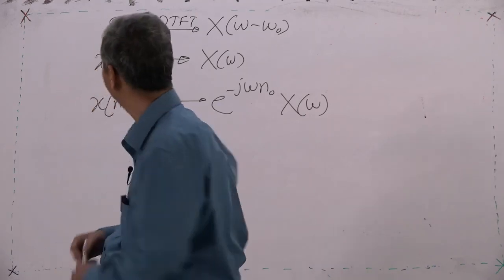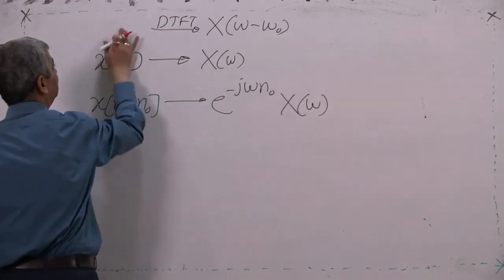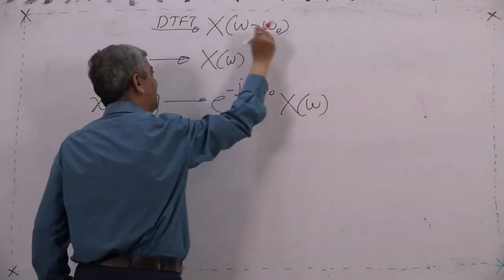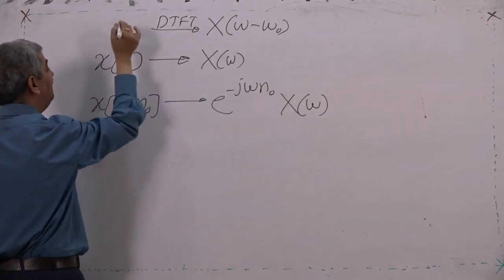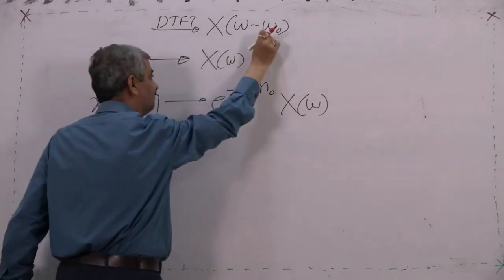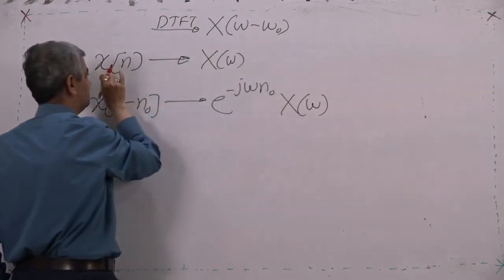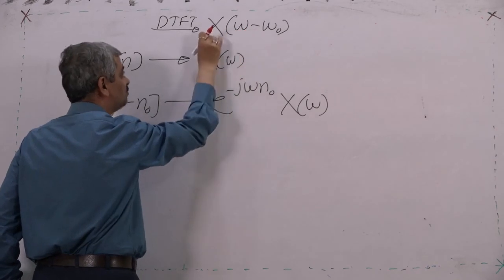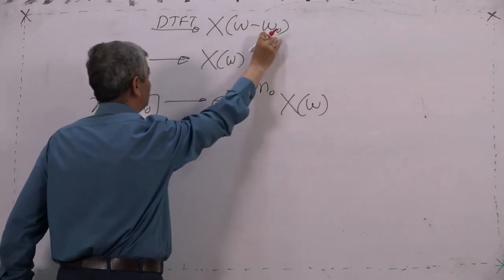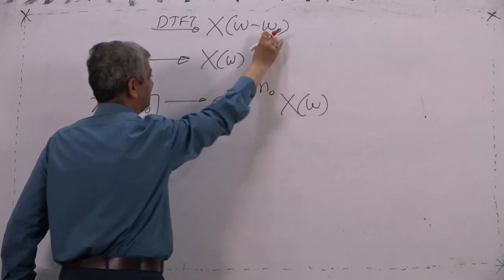So now, let this be the shifted DTFT. This is x of n, its DTFT is X omega. I shifted X omega, so X of omega minus omega naught is some function.